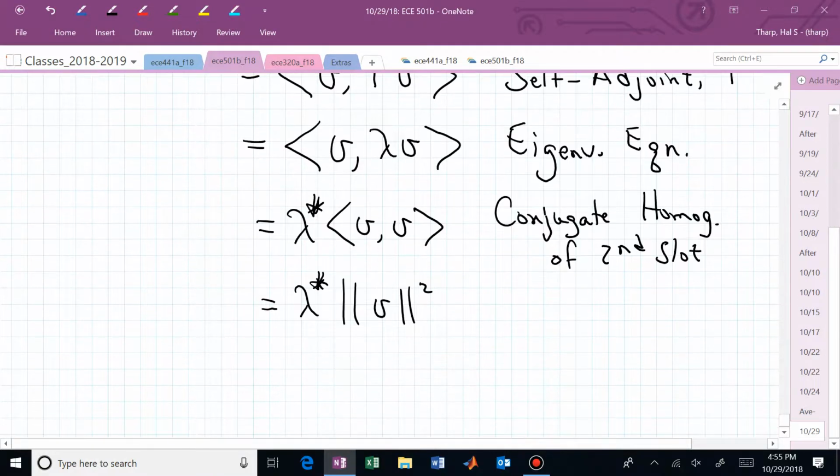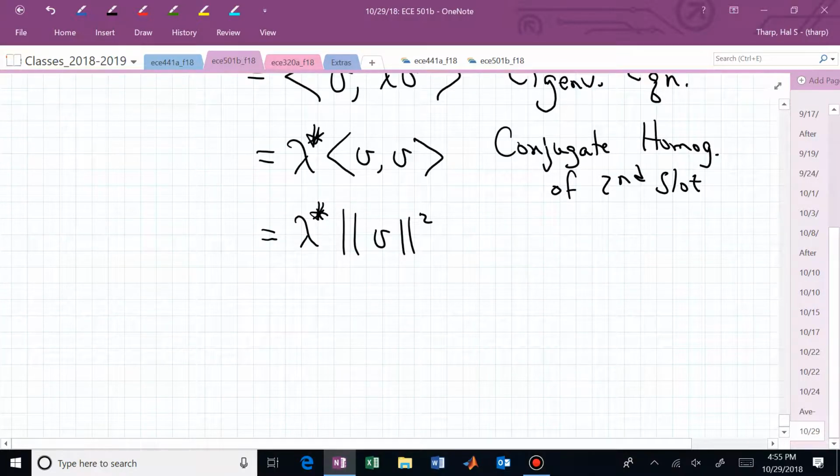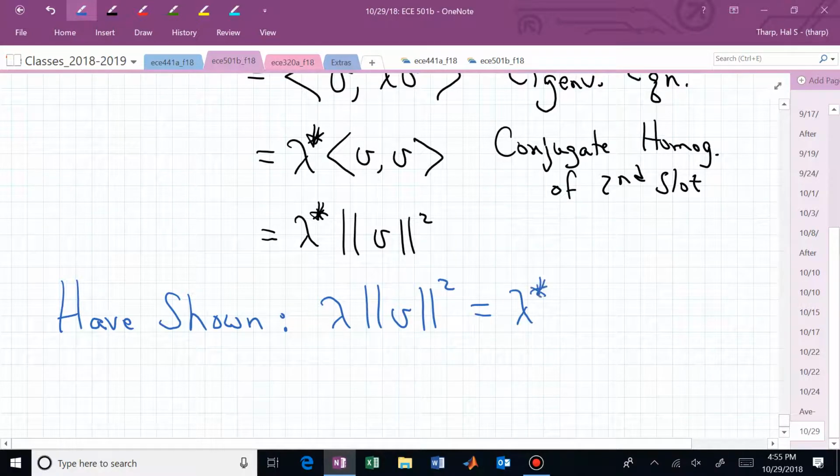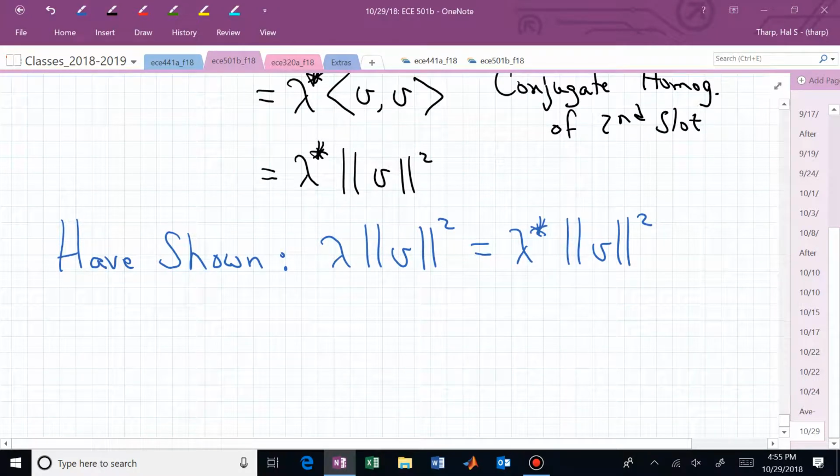Norm of v squared is a number. I can divide both sides by that same number. And what have I now? So I've now shown so far that lambda norm of v squared is equal to lambda star norm of v squared. And norm of v squared is just a number.